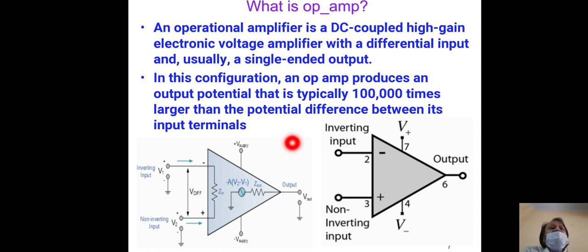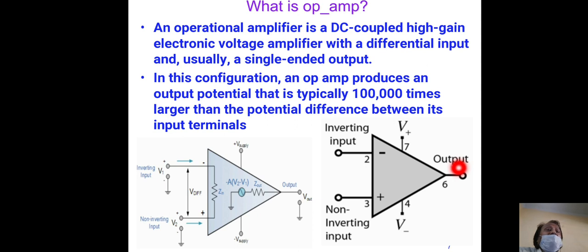So the output potential is 1 lakh times larger than the potential difference between the two input terminals. What is that potential difference? It is between the inverting input and the non-inverting input.